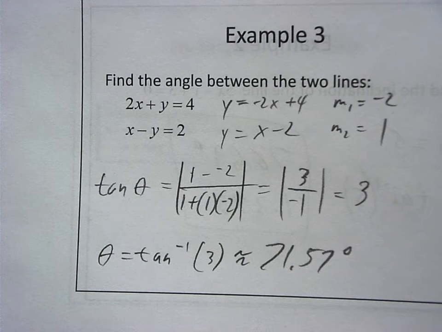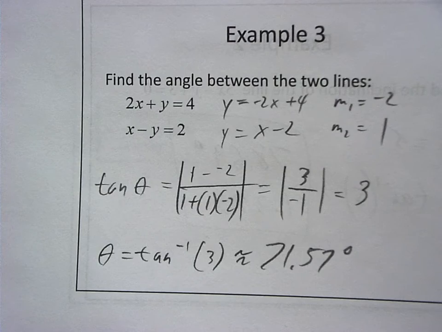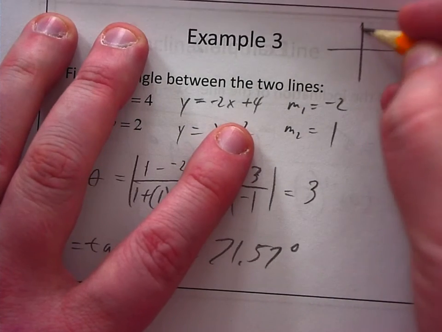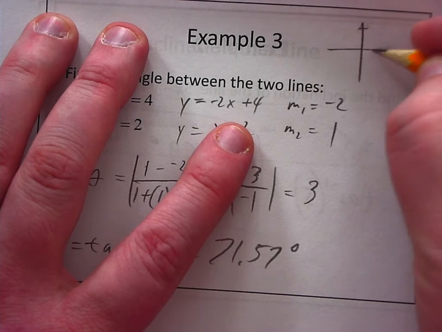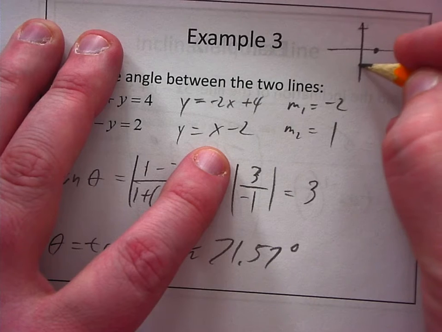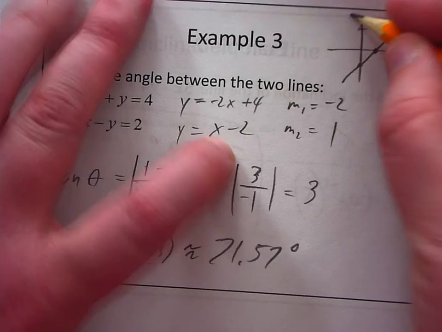How would I find the other one? Subtract from 180. Yeah. Because if I draw both of these, y equals negative 2x plus 4: down 2 over 1. So that's going to go about right there. Y-intercept of negative 2, going up 2 over 1. So I end up with these two lines.